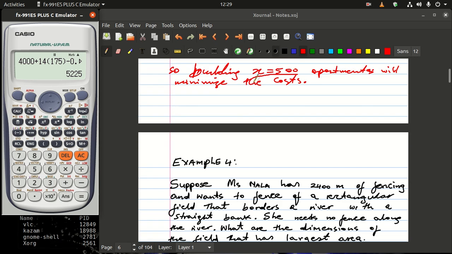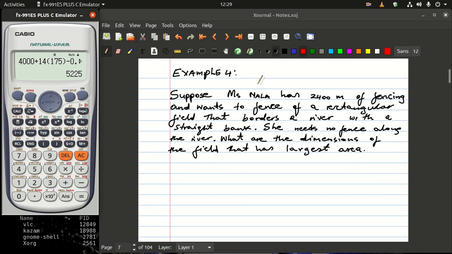Another example will be, suppose we have Miss Nala, and Miss Nala has 2,400 meters of fencing. In other words, if you are using wire, you have a wire of about 2,400 meters, and she wants to fence off a rectangular field that borders a river with a straight bank.